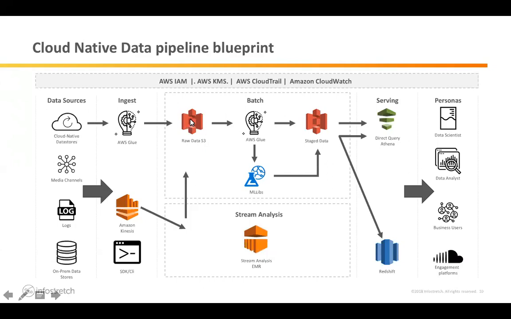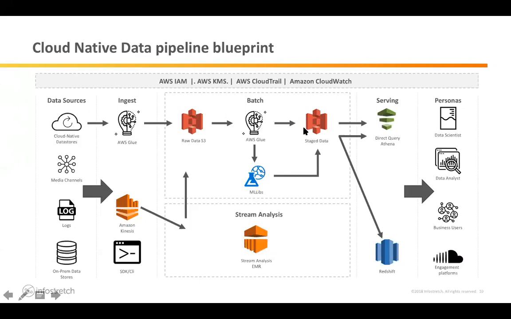So the lifecycle of the events would be, after you ingest raw data into S3, you can run your data processing and cleansing jobs on AWS Glue, and then you can set that data in more of a staging environment and so on. With this lifecycle event, you have a lot more cleansed data, which could be leveraged for a lot of data analysis purposes, and a lot of data scientists would also be interested in such data.